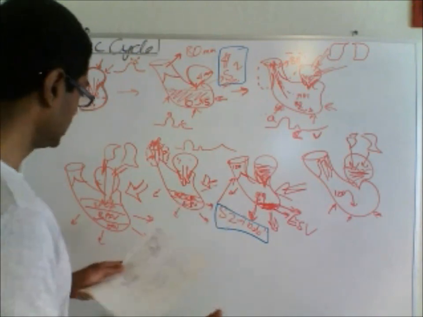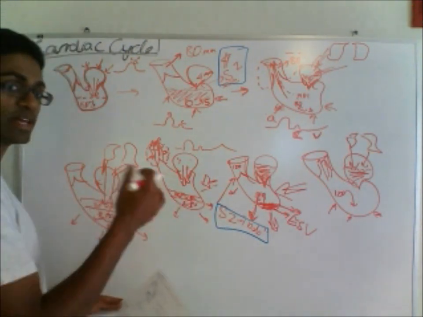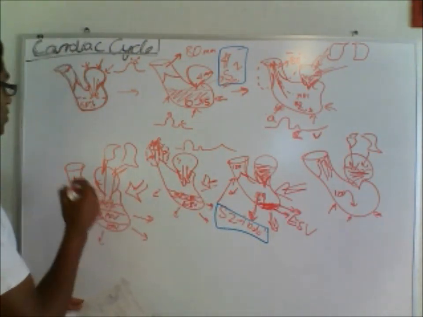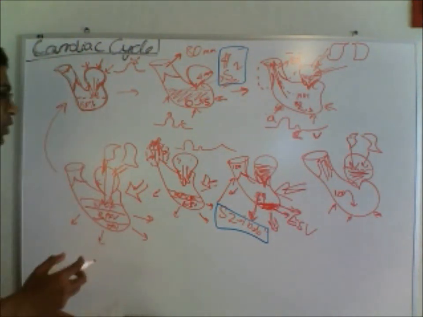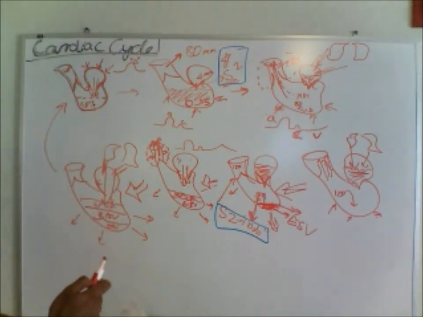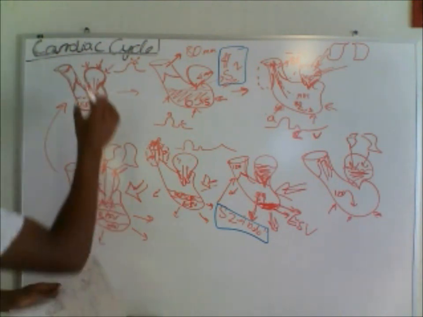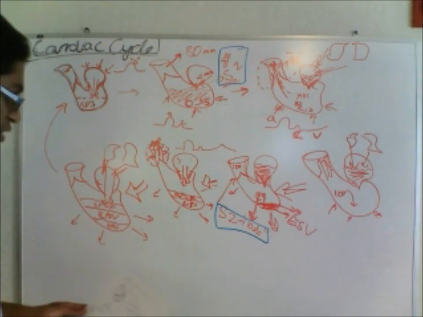And so now this is where the AV node conducts and the ventricle once again gets the impulse, and bam, you're back to the beginning where you have the atrial contraction, and then you have the blood going in, and obviously you have the ventricular contraction.